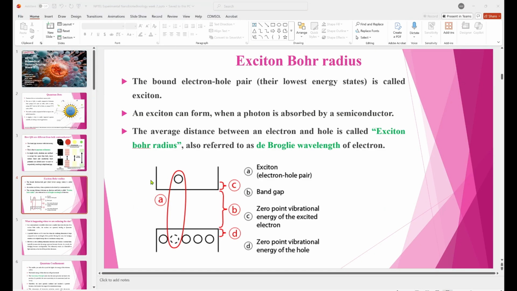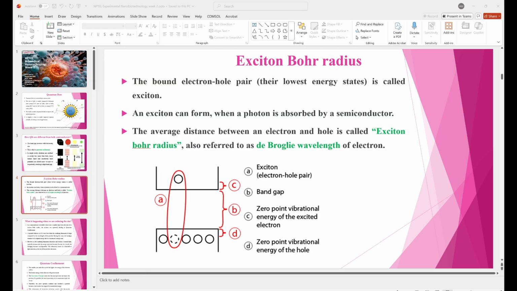If the size of your particle is smaller than twice the size of this distance, then the excitons, that is the electron hole pairs, are squeezed in a small space. This is leading to quantum confinement.